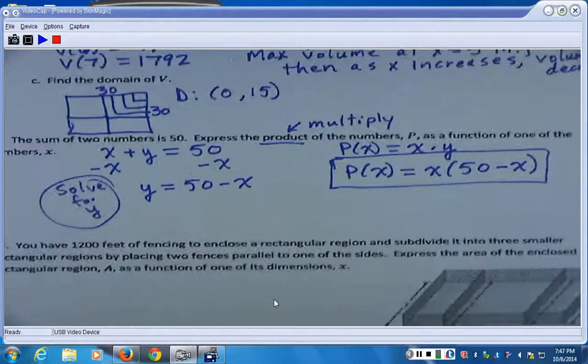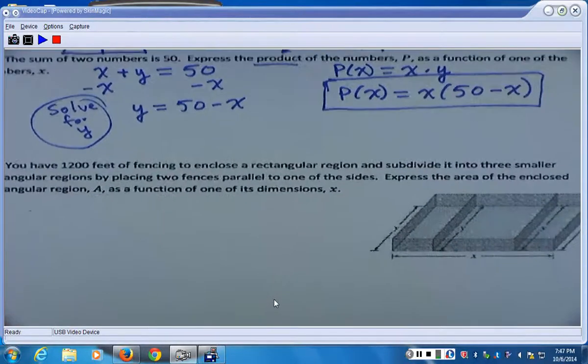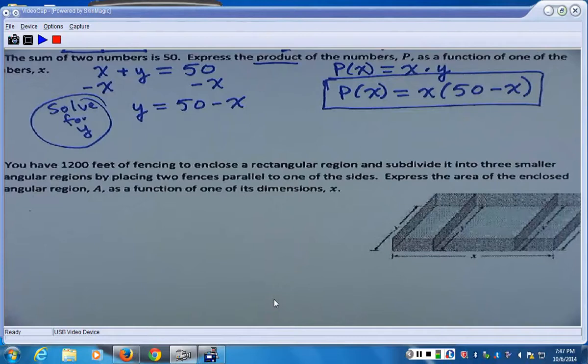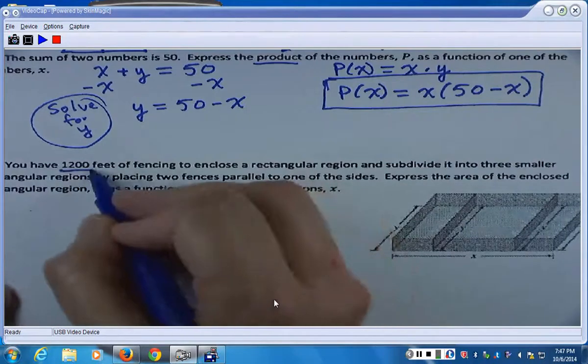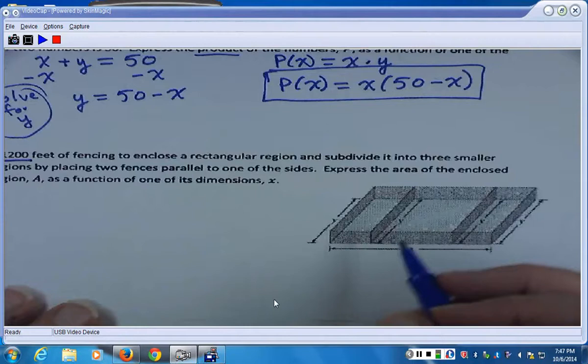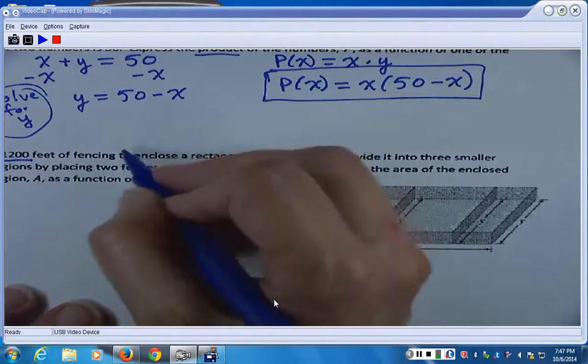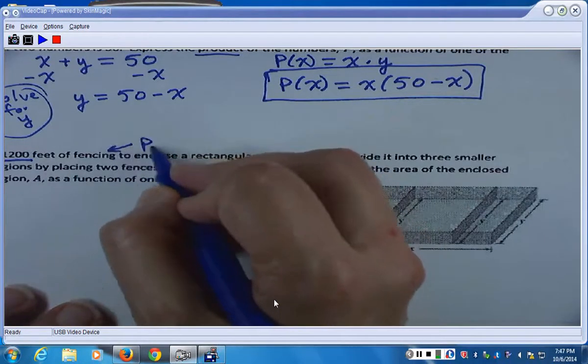Okay, here's a fencing problem. You have 1,200 feet of fencing to enclose a rectangular region and subdivide it into 3 smaller rectangular regions. Fencing, when you're doing fencing, that's the perimeter.